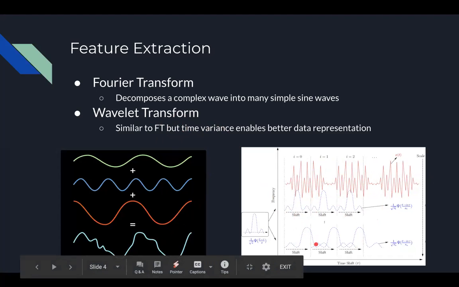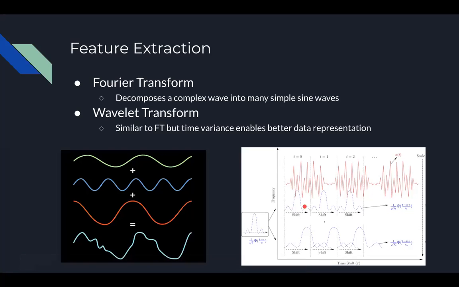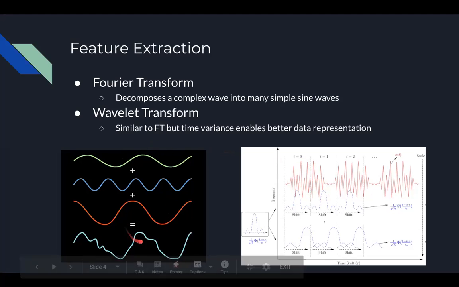You can adjust the frequencies of all the wavelets and stack them in different ways, and that allows you, in a more dynamic way, to decompose these more complex waves.